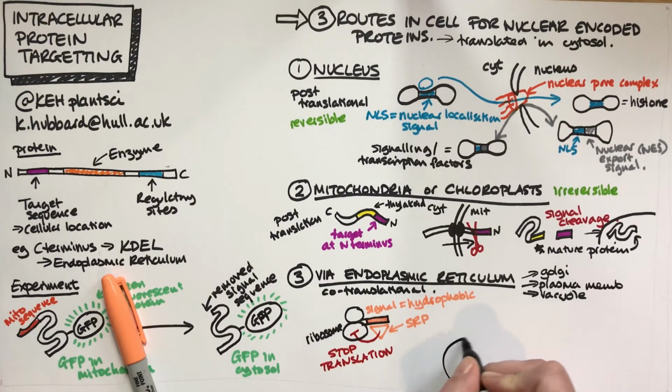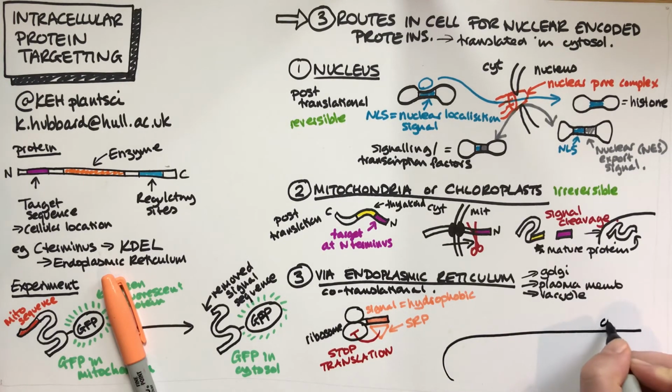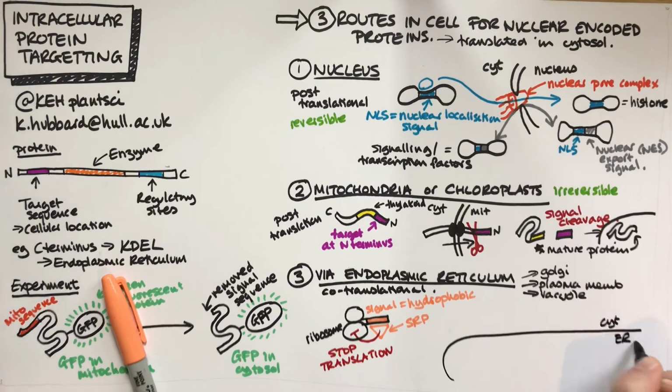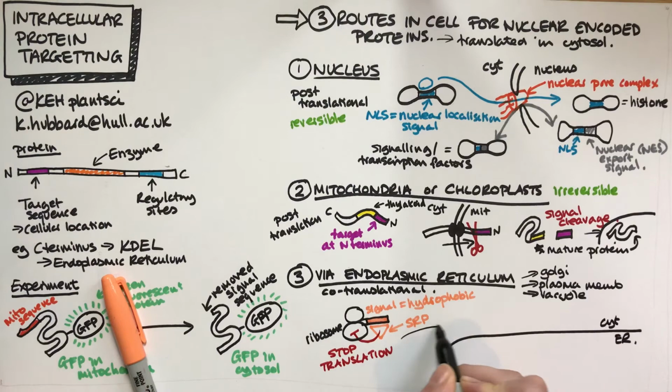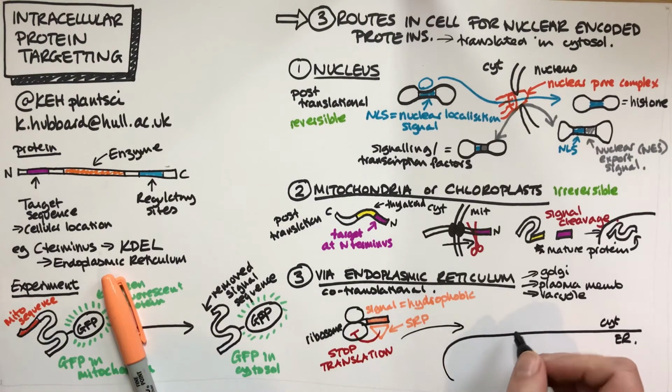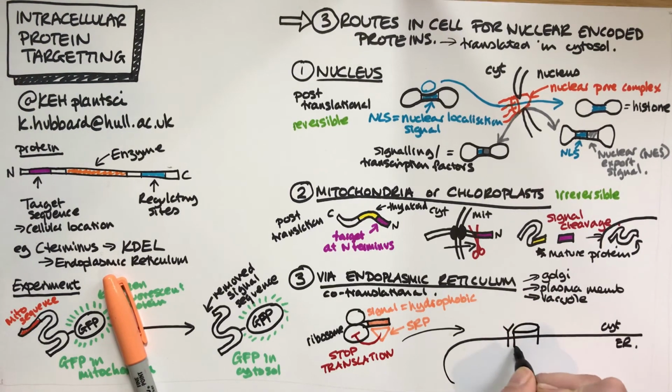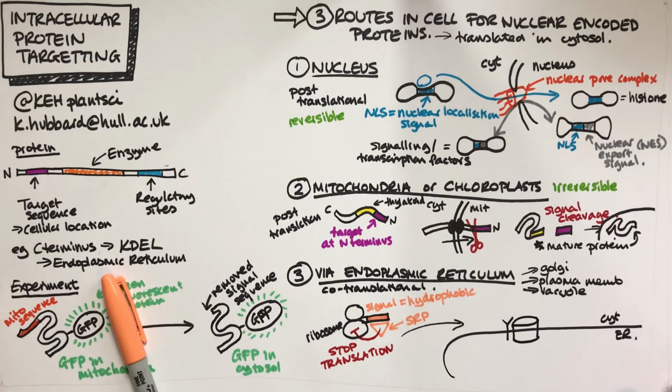So now that's the cytosol and this is the endoplasmic reticulum. So this whole complex goes over to the endoplasmic reticulum where there are receptors sitting on the membrane and there are translocators. Okay.